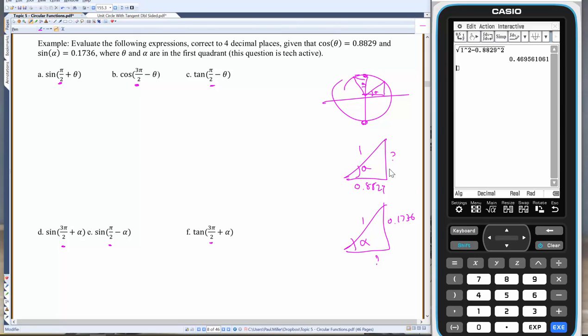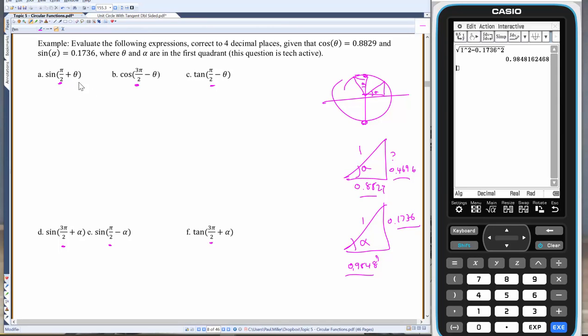So that value there is 0.4696. And this one over here, I'm just going to edit that, 0.1736. A lot bigger, it's 0.9848. All right, so there's our key values that we're going to use to answer these questions.